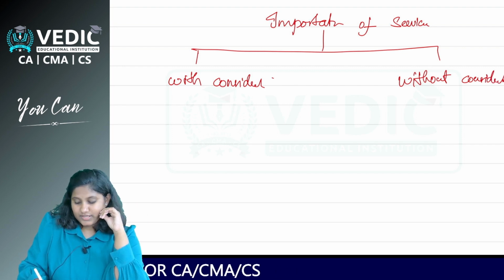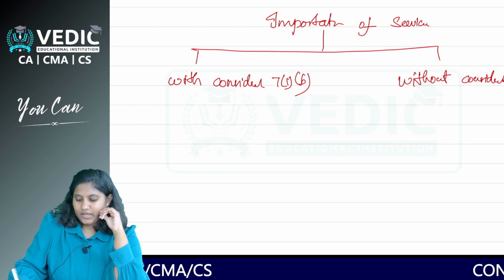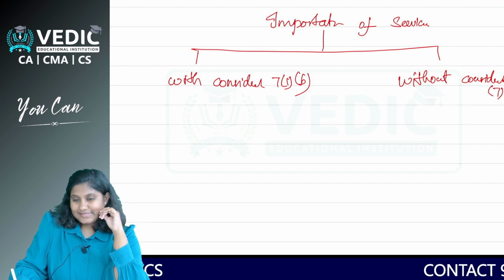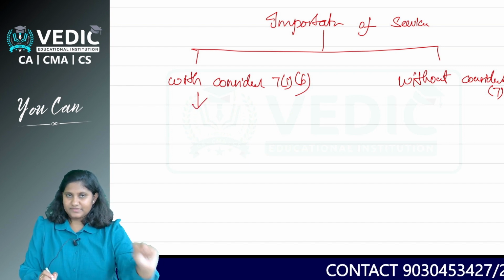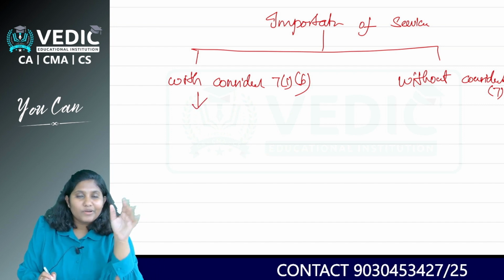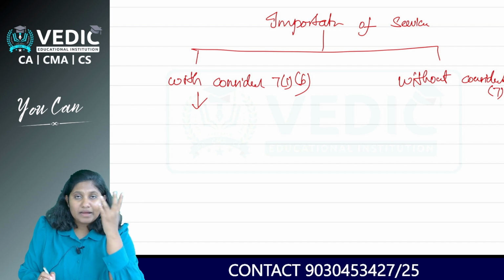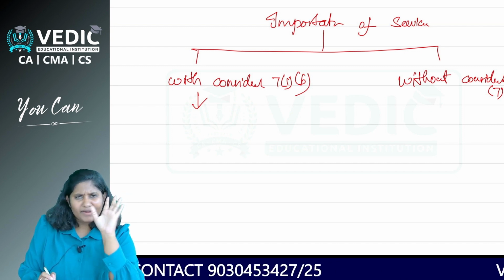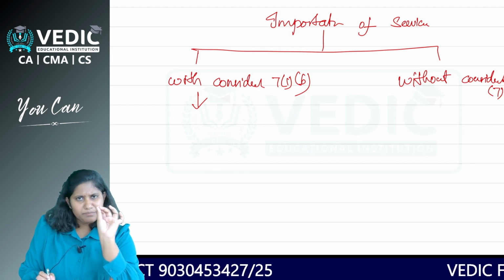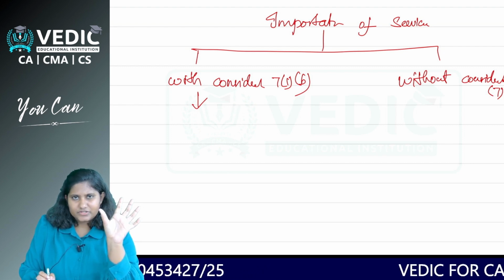With the consideration, if importation of services is made, we don't care from whom, from my related party or from any establishment of mine outside India. I just need it to be importation of services with consideration.